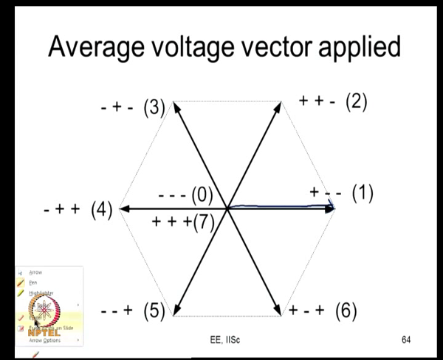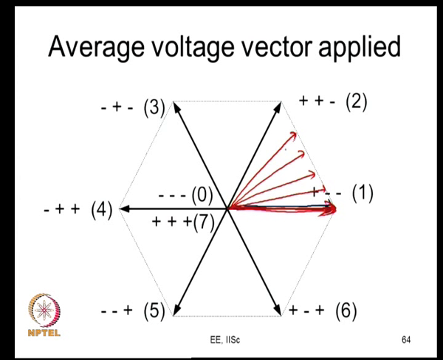Let me choose a red color. So it stays here for a number of cycles, then it moves like this, then it moves like this, then finally it goes and stays here. That is how the average voltage vectors are moving.